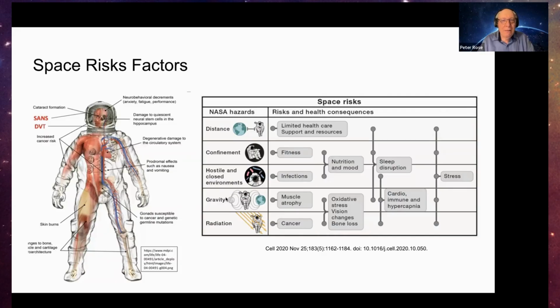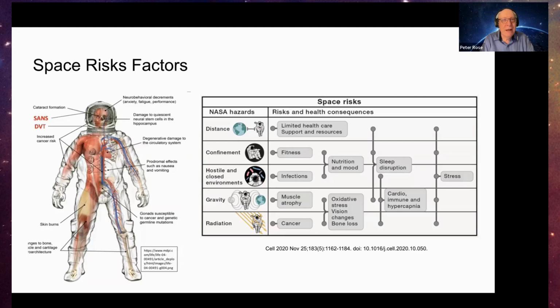You are either in outer space, where there's microgravity, or if you're on a planet like Mars, or on the moon, you have fractional gravity, and that affects muscles, like you can get muscle atrophy, vision changes, bone loss, etc., cardiovascular and immune issues. And then long term, through increased radiation, you increase your cancer risk. Those are the risk factors we try to mitigate.